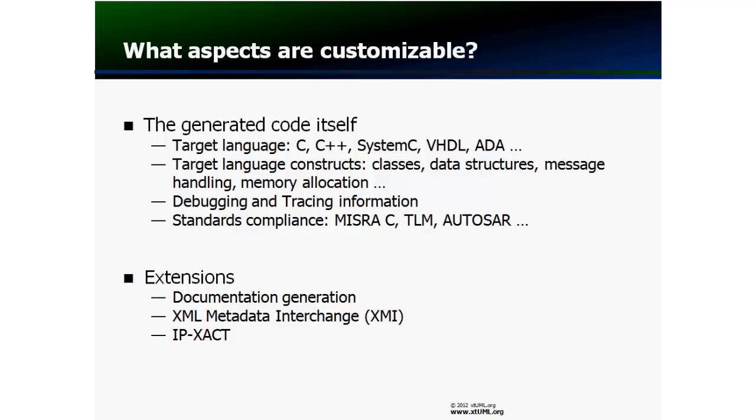You can change the details of the code generation within the chosen target language, that is, changing data structures, implementing various means of message passing, changing memory allocation strategies, or using debugging and tracing features, to name just a few of the possibilities. Model compilers can also be configured to output target code that complies with various standards such as MISRA-C, transaction level modeling, and AUTOSAR.